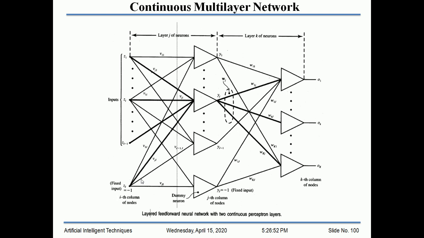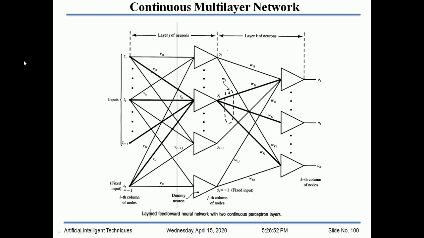So basically to train a multi-layer neural network, you usually augment the given input patterns. Augmenting is nothing but increasing the size of the given input pattern by another element, which is -1.